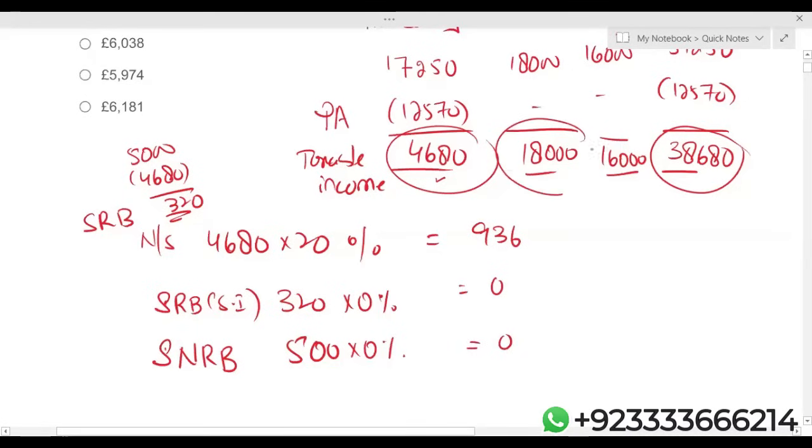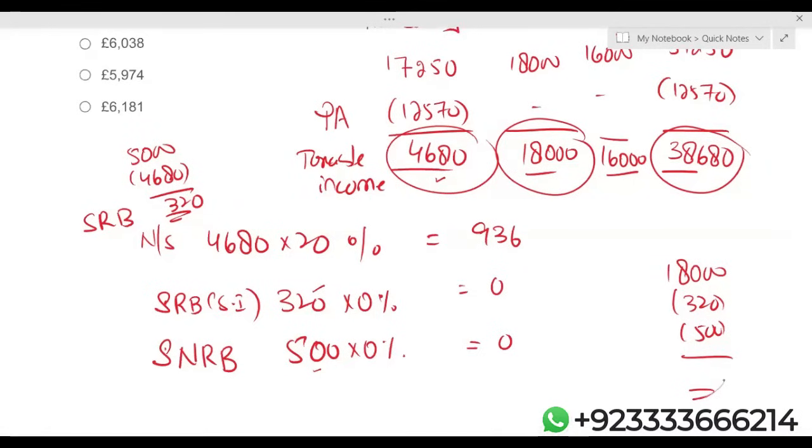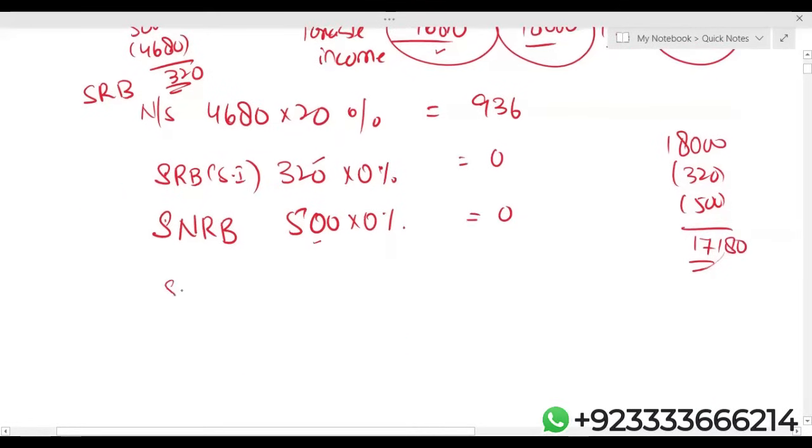So out of 18,000, 320 we have taken in the starting rate band, 500 we have taken in the nil rate band. So how much is left? From 18,000, we'll deduct 320 and 500. So 18,000 minus 320 minus 500, I'm getting 17,180 on this saving income. 17,180, of course, falls in the basic rate band.